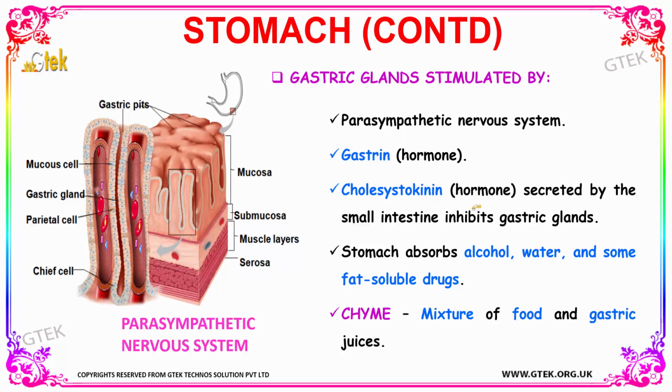And your small intestine secretes the hormone cholecystokinin, which inhibits the gastric glands. Your stomach can absorb alcohol, water, and some fat-soluble drugs.